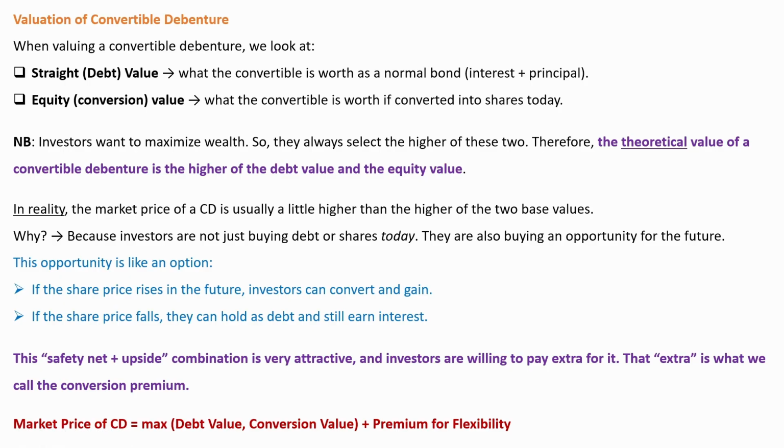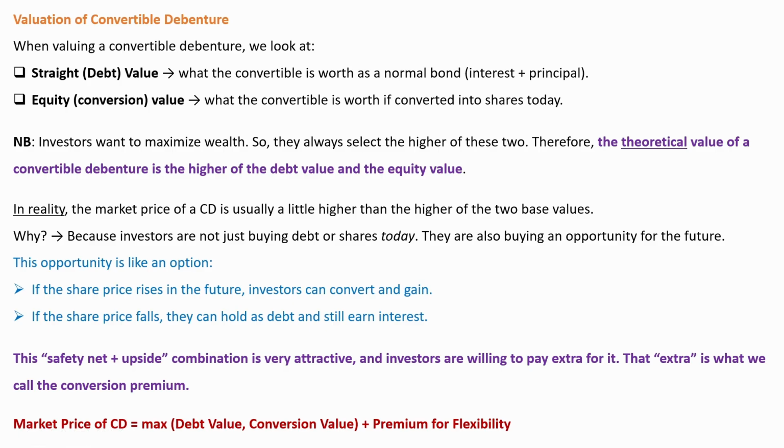So therefore, at no time is an investor going to select a lower value. Because the investors always select the higher value, we say that the theoretical value of a convertible debenture is the higher of the debt value and the equity value. That means you are going to calculate the value of each. Whichever is higher is the one you are going to select as the value of the convertible debenture.